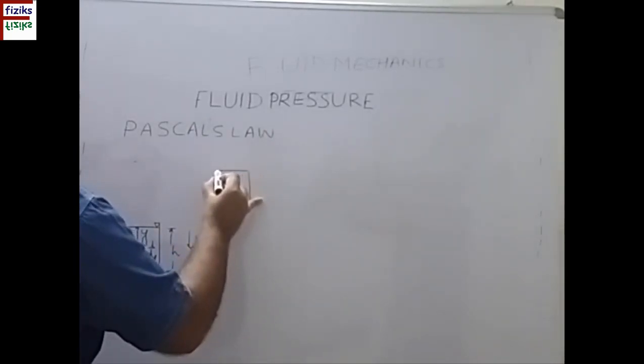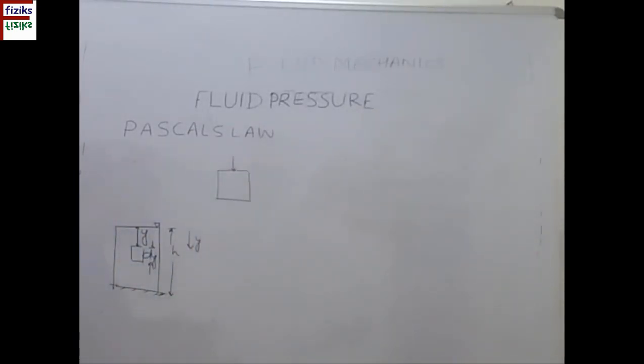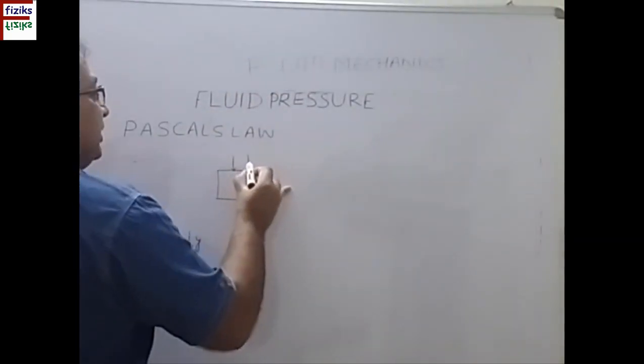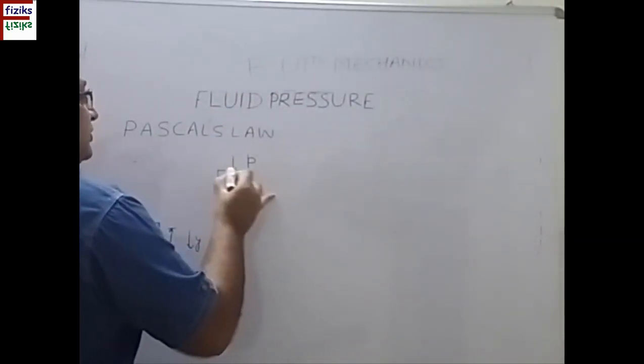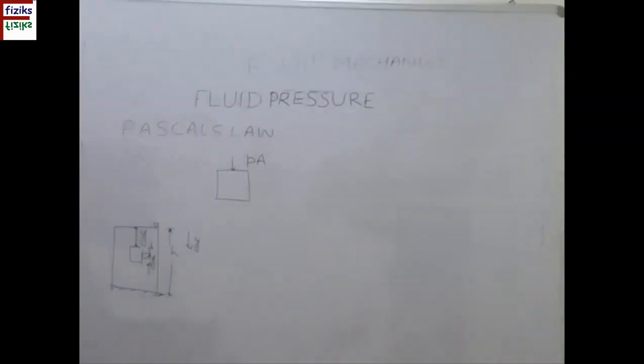So the forces acting here are force on this surface because of the water above this surface. So the pressure here is P. Area of cross section of this surface is A. So P into A is the force acting on this surface.